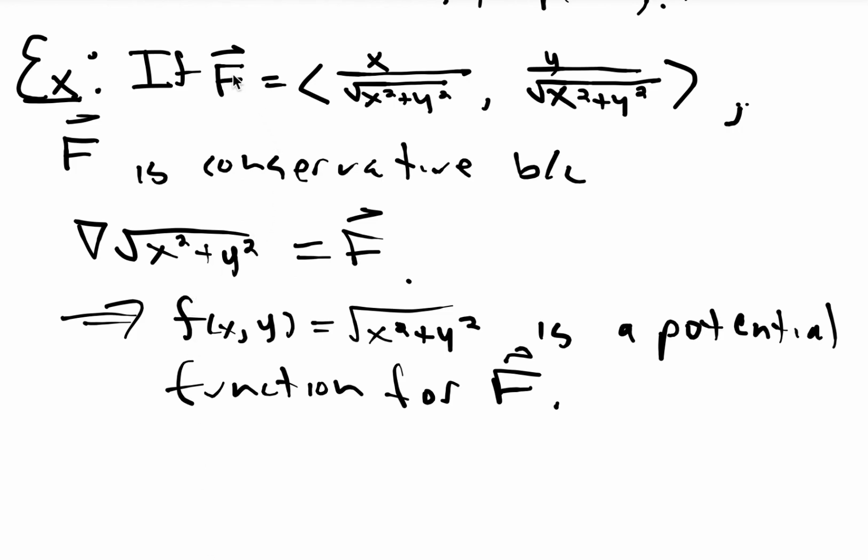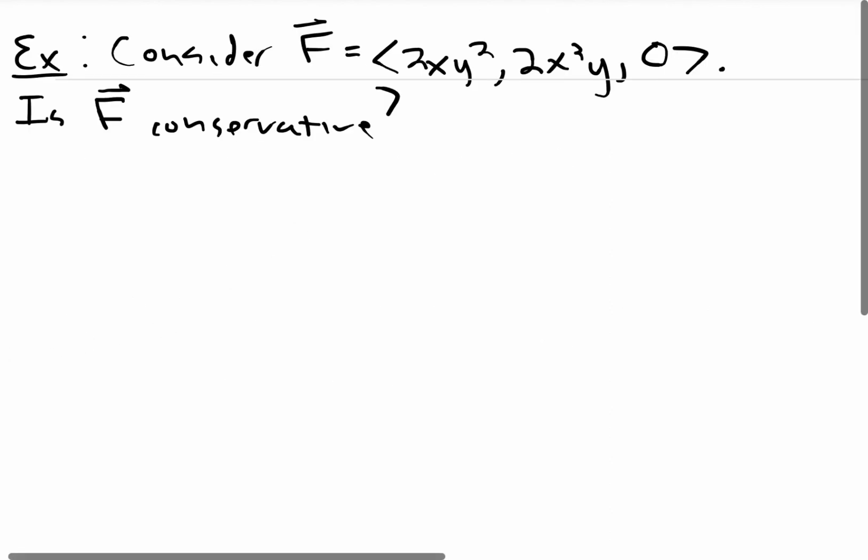How might I look at a vector field F and try to check whether or not it's conservative? How might I be able to tell? Because here, it was a coincidence. We had already seen that the gradient of this was supposed to be this function. How might I try this for an independent example? Maybe I give you something like this and I ask, is this conservative?